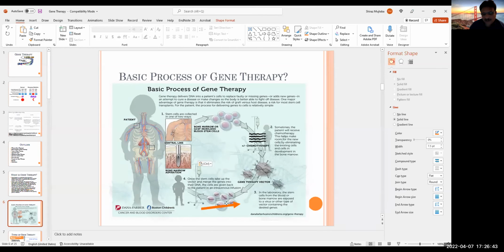You make this transformation, these new genetically modified cells, grow and stay healthy, and then put them back into the patient's body. It's doable, but the challenge is contamination.